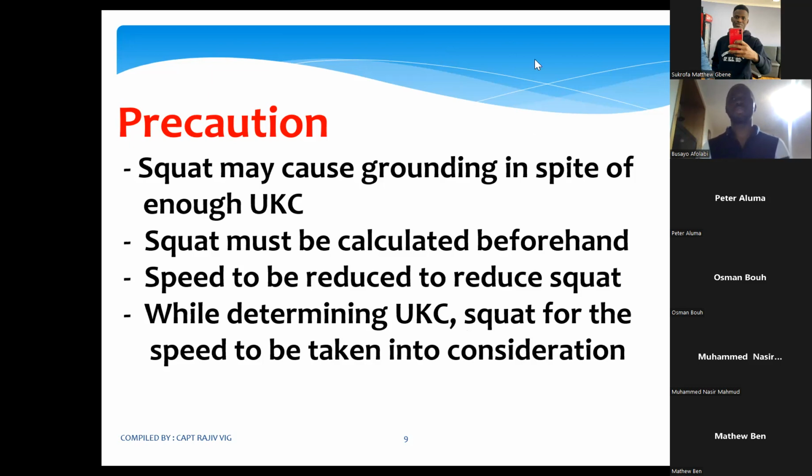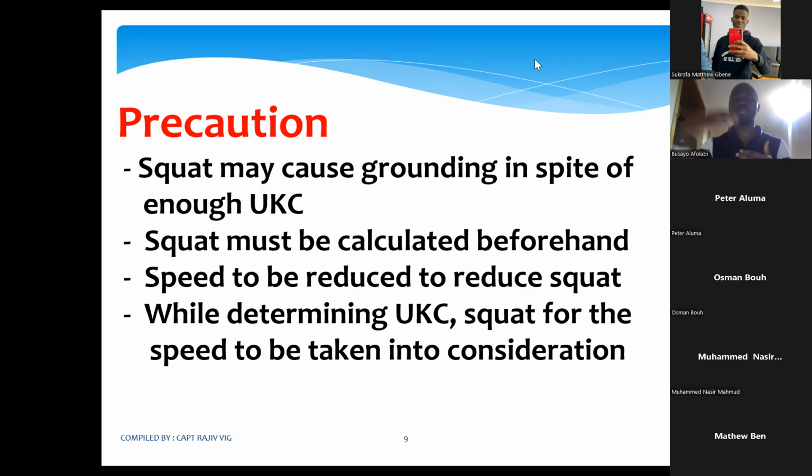So that's another thing. Like I said, the squat is the bodily sinkage of the vessel itself. So when you are doing your passage planning and you say, oh, I still have 2 meters UKC while I'm proceeding, when you've calculated your draft and the available depth of the water there, you also need to put in effect for squat, or else you might end up grounding.